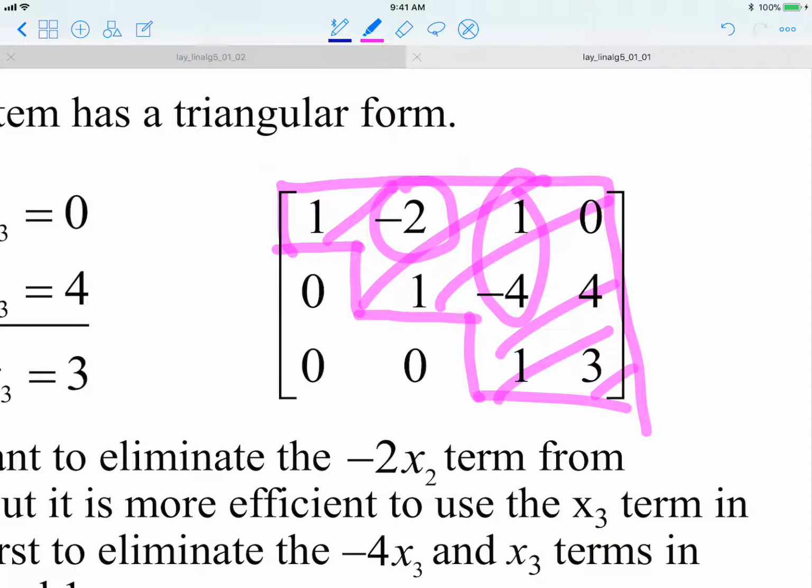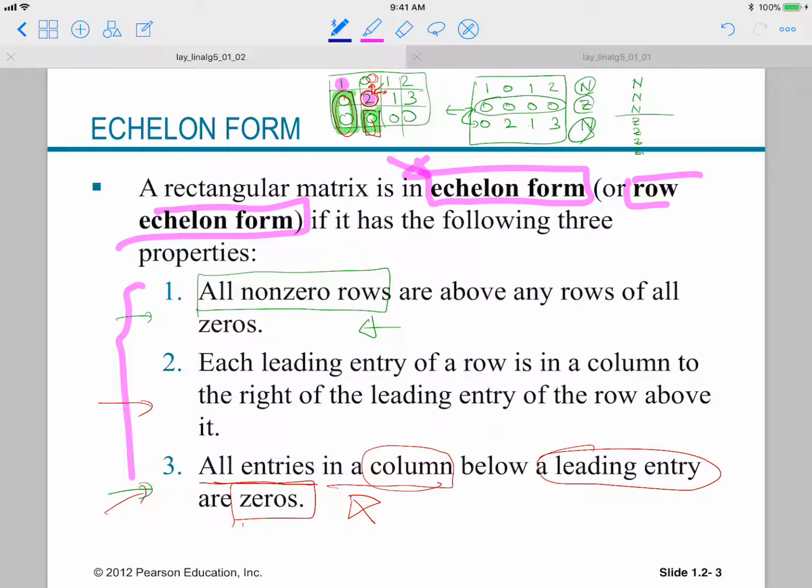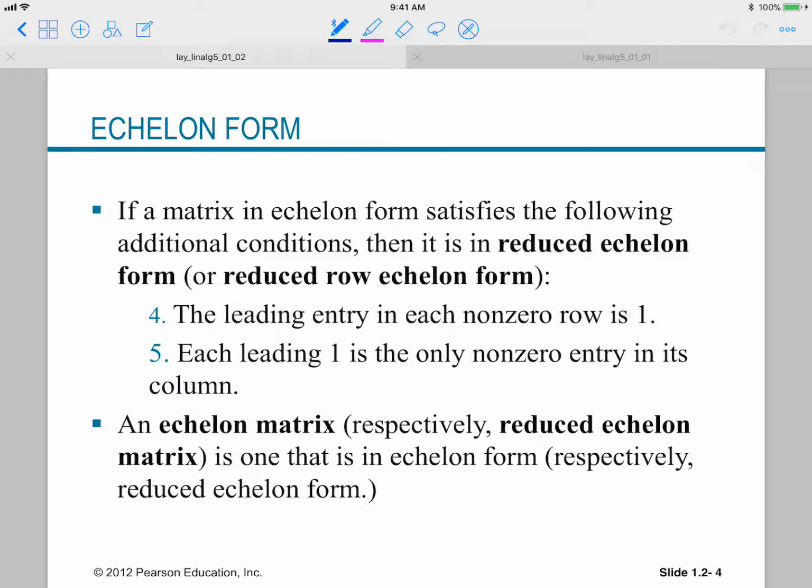Okay, reduced echelon form. So let's look at the requirement of the reduced echelon form. The reduced echelon form is basically a more strict condition than the echelon form.